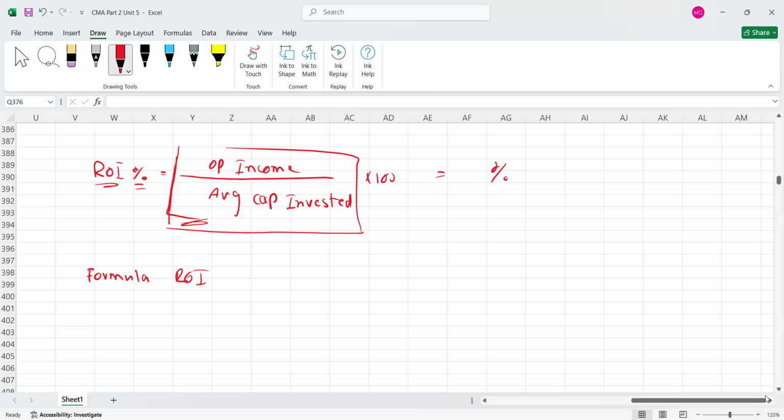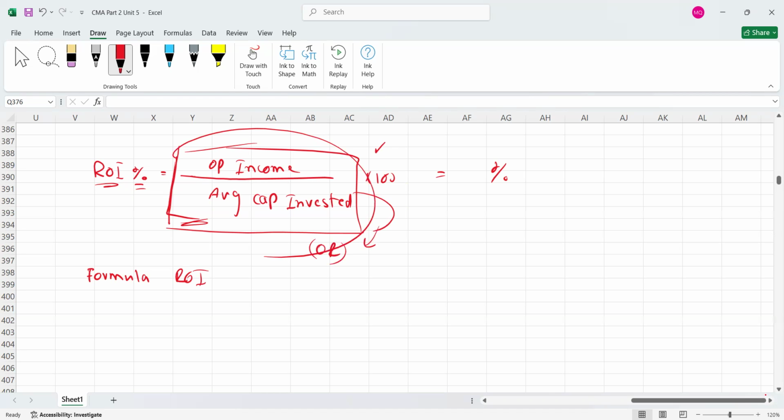For example, if options are written operating income divided by average capital invested, this is the correct formula. But sometimes he might write it another way also, and I'm going to tell you now how this formula is derived. This formula can be written this way also, so the same formula can be written this way.